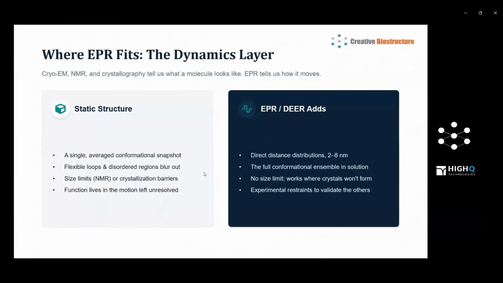On the right, DEER gives you a distance distribution between a pair of spin labels, roughly 2 to 8 nanometers, a distribution rather than a single value. So you're seeing the ensemble, not the mean. No molecular weight ceiling and no crystal required.